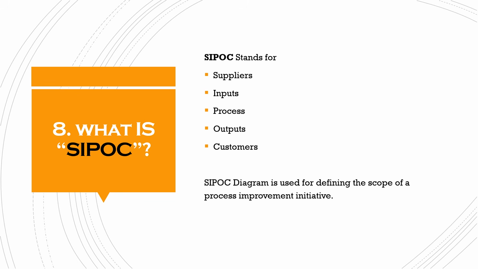So SIPOC basically talks about who the suppliers are, what are the type of inputs they provide to a process, raw materials, data, etc. And then what is the process which converts the inputs to the required outputs? What are the required outputs? And who are the ultimate users of those outputs? So in a simple line, in a table or a diagram, you can understand what's happening currently and can work on the process improvements accordingly.